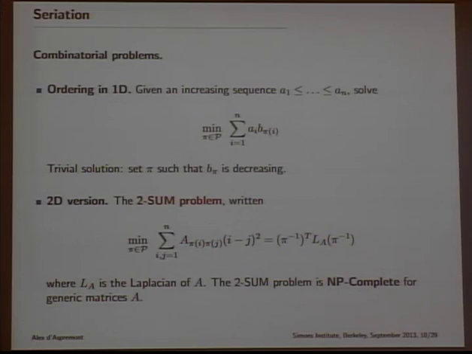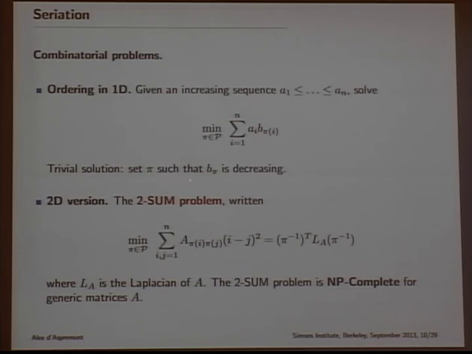Okay? And so seriation, to get an idea of what to do, it's easy to think in 1D. And in 1D, it's very easy to formulate an optimization problem which will serialize the data. So, okay, you know this very basic result. If you have an increasing sequence A1, ..., AN, and you solve this minimization problem over all permutations, so the scalar product between A_i and a permuted version of B, well, there is a trivial solution.